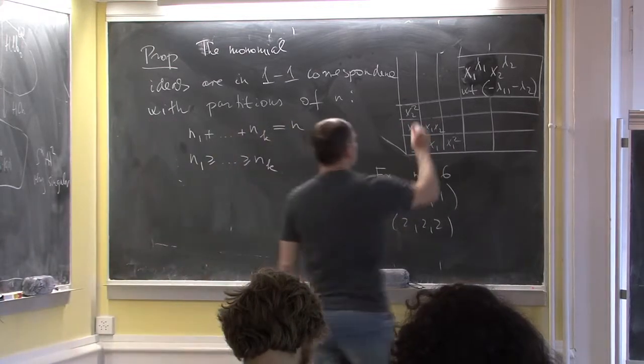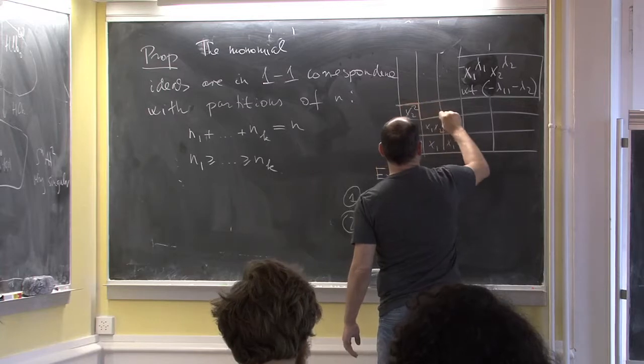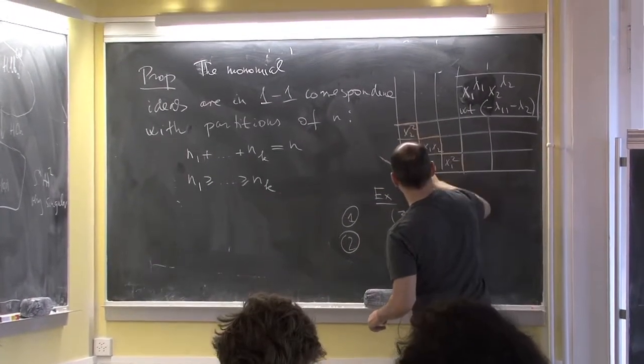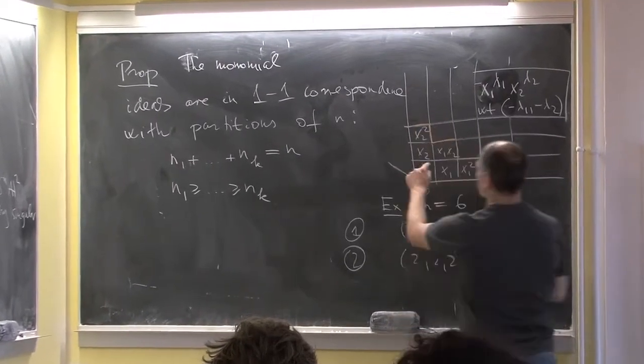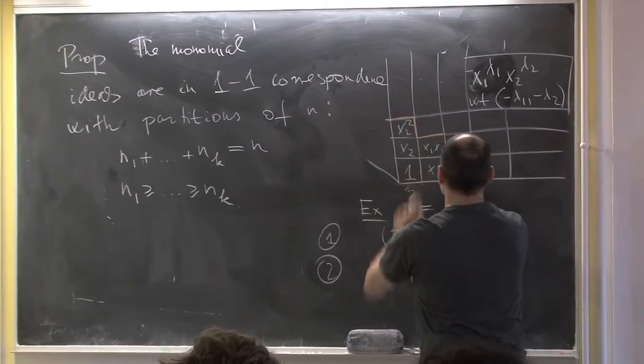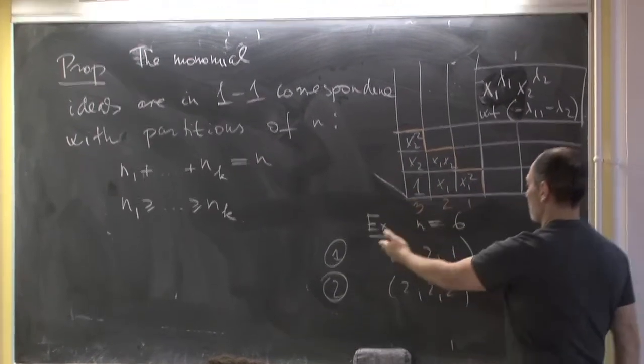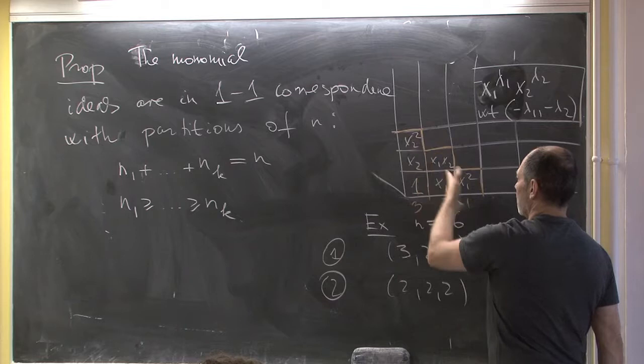For 3, 2, 1, you have 3 boxes, 2 boxes, and 1 box. You draw this curve. It's important that they are decreasing, and it's easy.